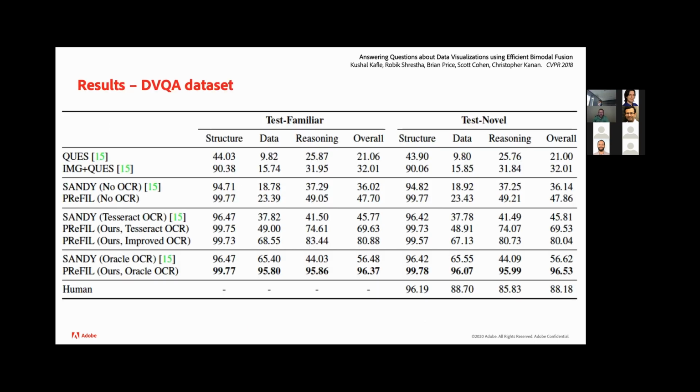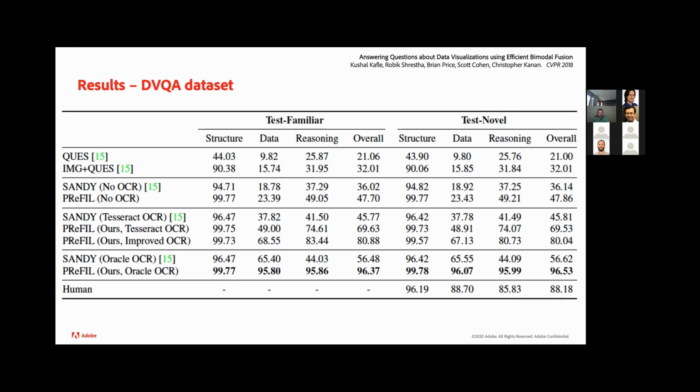So looking a little more specifically into the answers, again, we divided this up. This is the DVQA question results, and then I'll show the FigureQA afterward. So we have the same breakdowns of the out of vocabulary or not, as well as the different question types. Just looking over here on the far right at the out of vocabulary ones for the overall, you can see we had a couple of baselines, like just the question or a simple baseline, that got to about 32%.